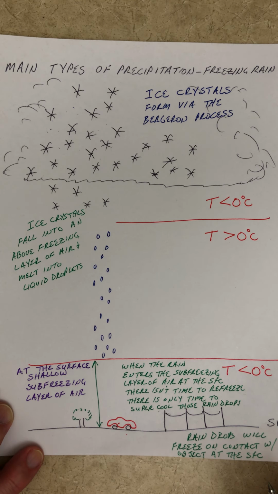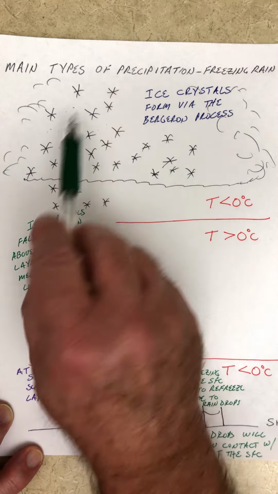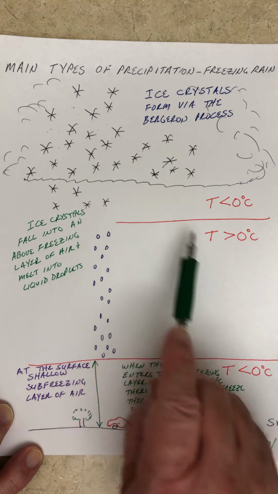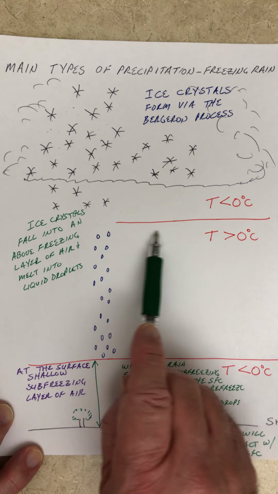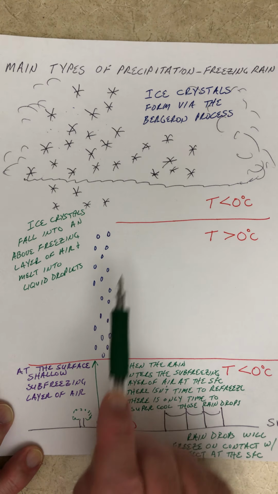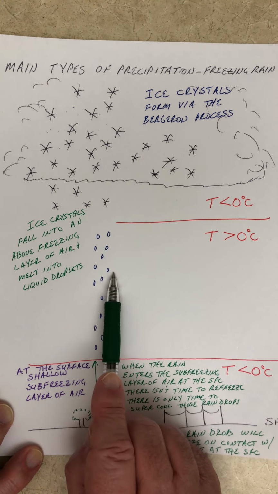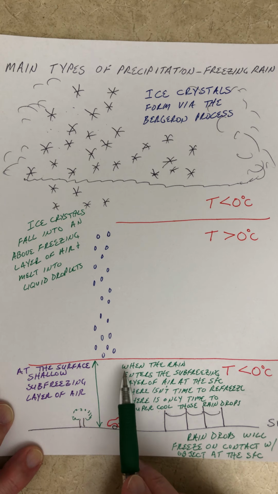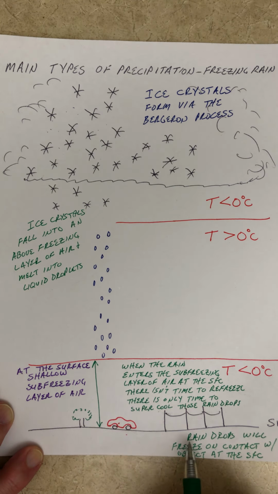type of precipitation. Okay, and it all starts with ice crystals falling into or through an above freezing layer of air in the atmosphere, which melts those ice crystals into raindrops. And then at the Earth's surface, you have a very shallow sub-freezing layer of air that does not refreeze the raindrops and only gives them time to become super cooled.